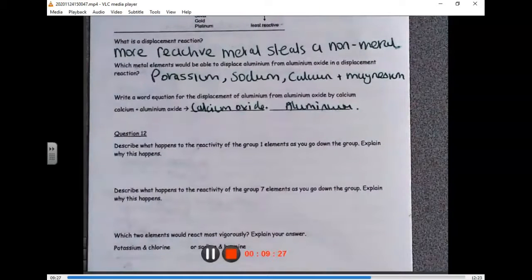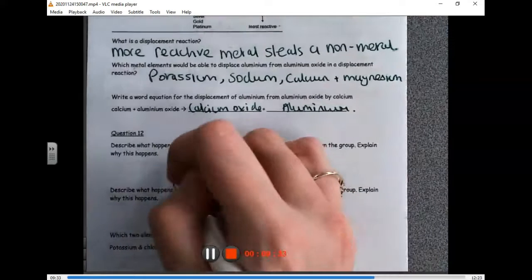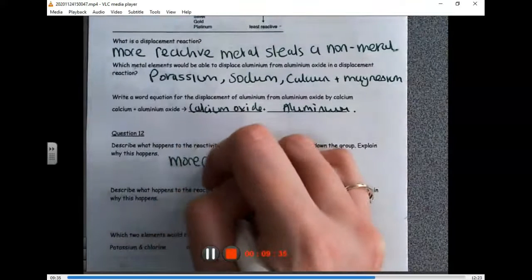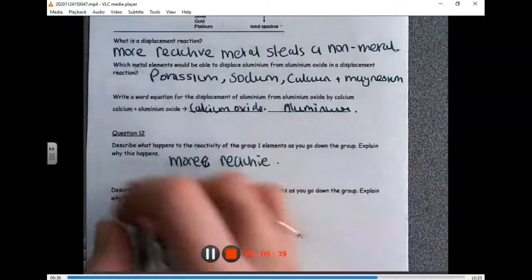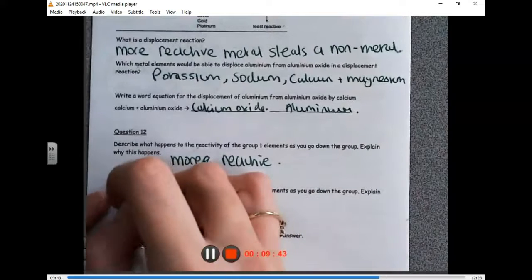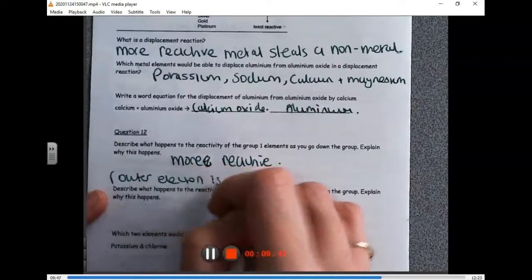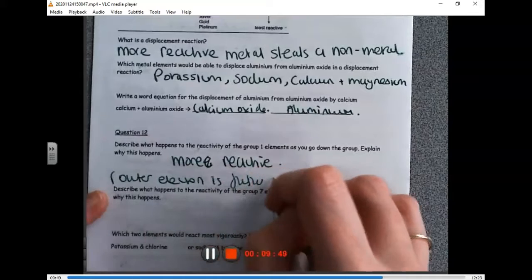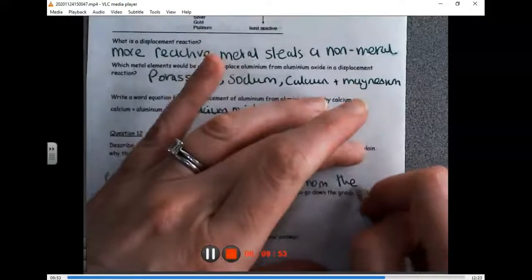Describe what happens to the reactivity of group 1 elements as you go down the group. They get more reactive. The reason for this, and you don't need to really know this, because it's GCSE, but you might know it, is because the outer electron is further away from the nucleus.